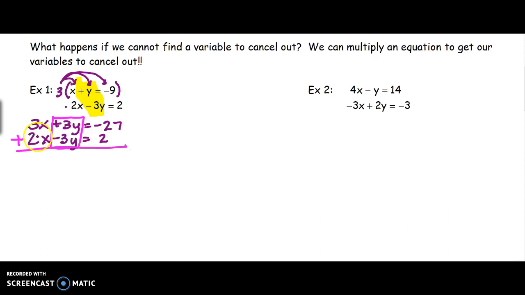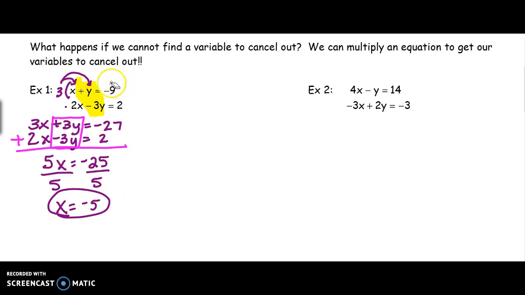So when you add your like terms, you have 5x is equal to negative 25, and then divide by 5, and x equals negative 5. So we're going to take this and we're going to substitute it back into one of the original equations. So I'm going to put it right back into the top equation here for x.